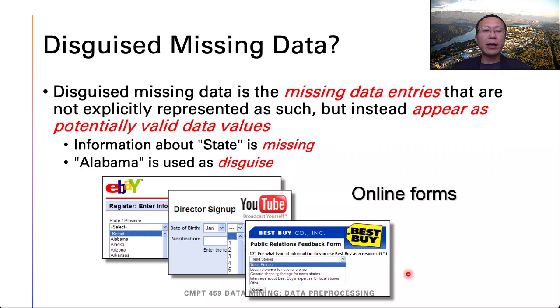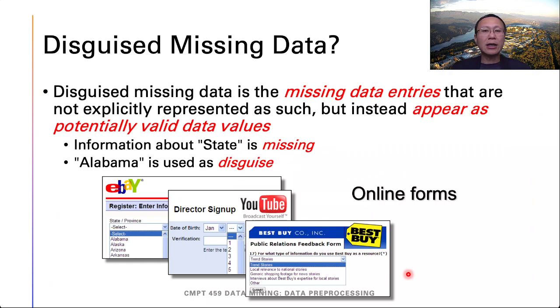And for some attribute values you don't really want to provide an accurate value, but the system doesn't let you go if you don't provide something. For example, in some cases, people don't want to release the state they're staying in, or they don't want to give the exact date of birth. In such a case, one idea people often go with is that they just randomly pick a value and try to get the form filled so that they can go to the next step.